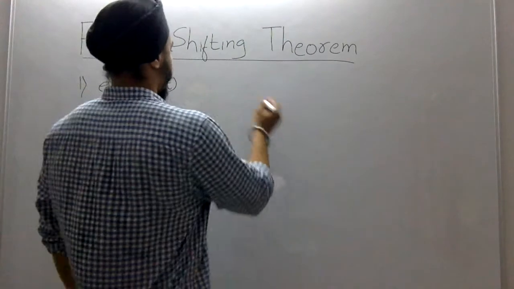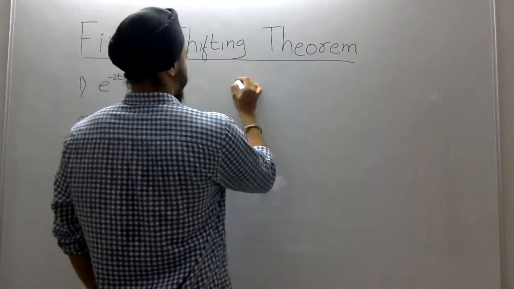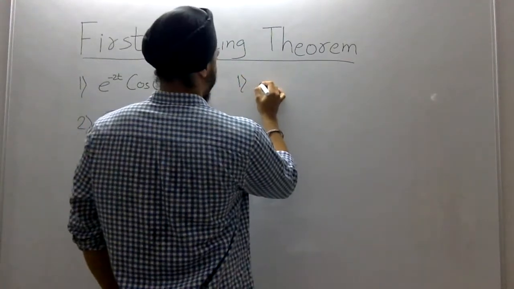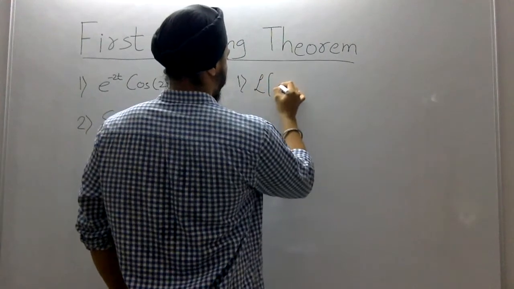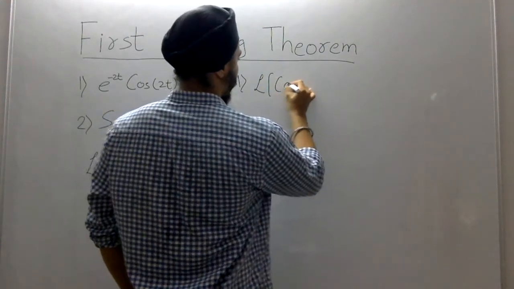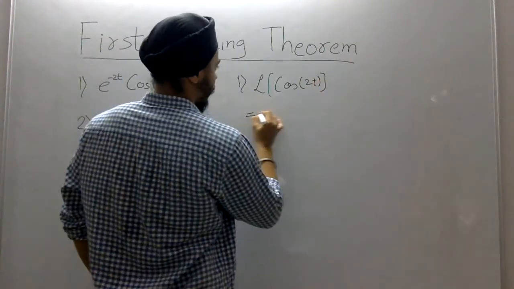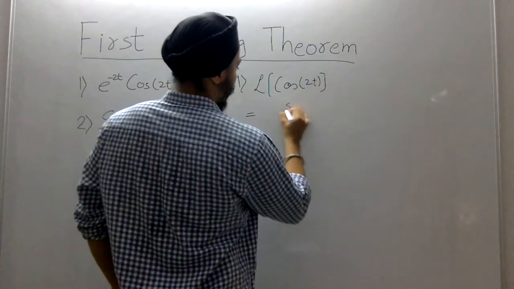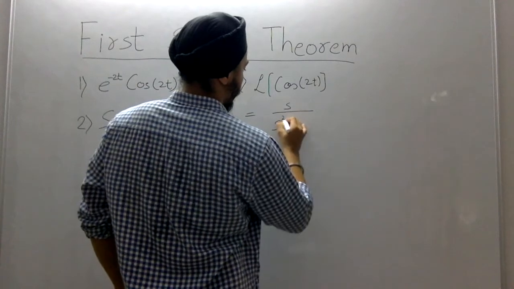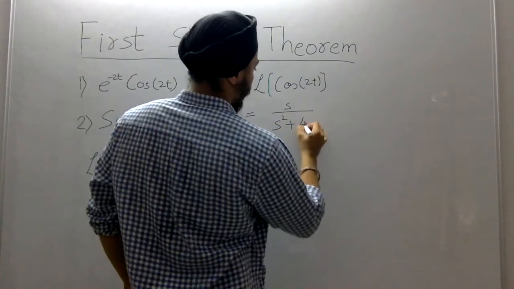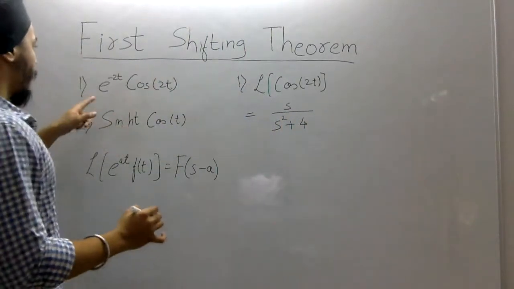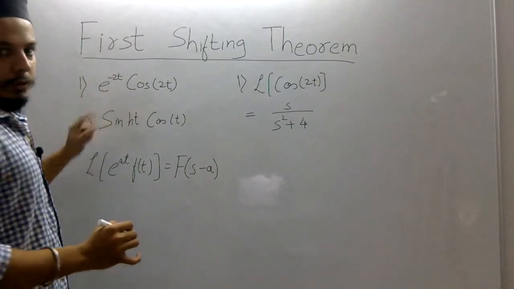So the Laplace transformation for the first function: we know that the Laplace of cos 2t is equal to s over s square plus 4. Now here we have e to the power minus 2t.